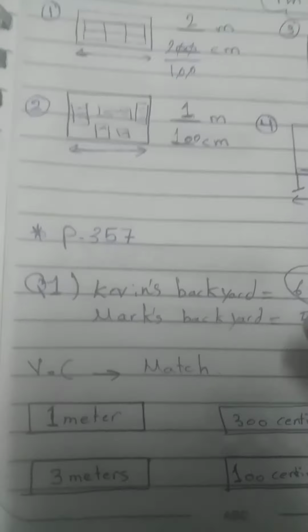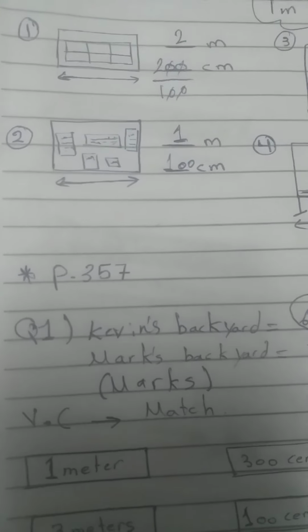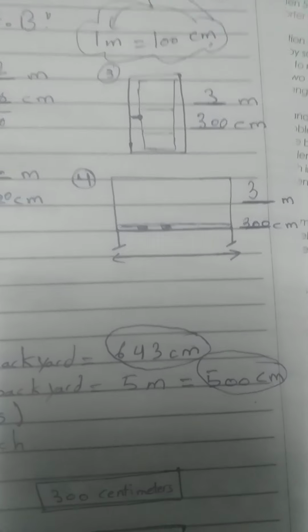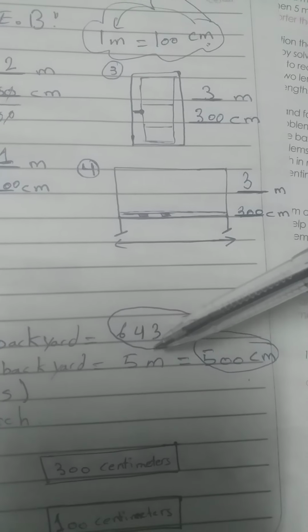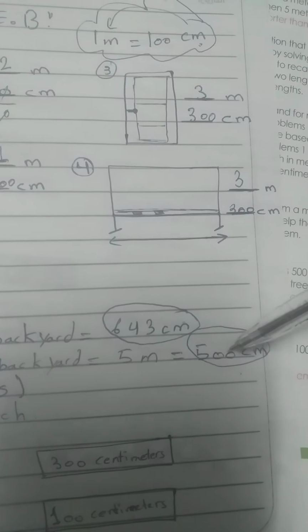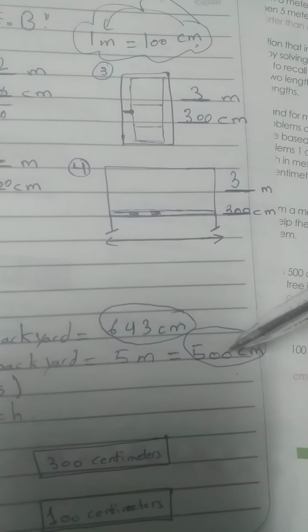So whose backyard is shorter? The answer is Mark's, okay? That's because we know that Mark's backyard is 5 meters, and when we measure it by centimeters, it equals 500 centimeters.